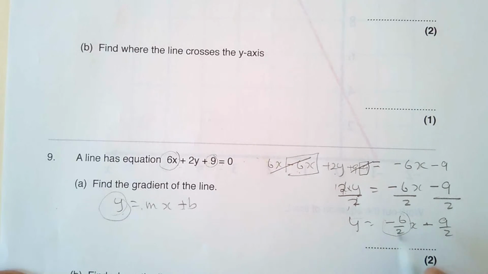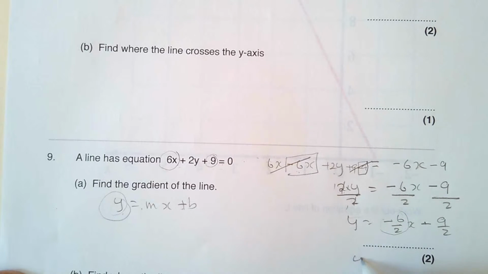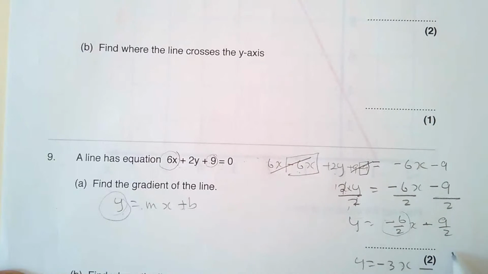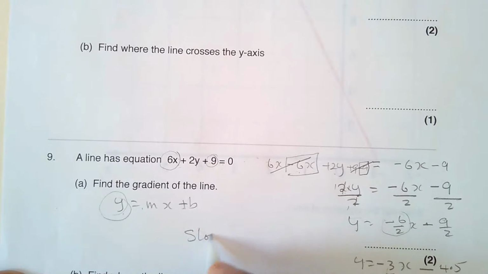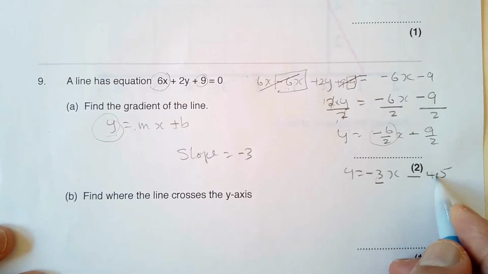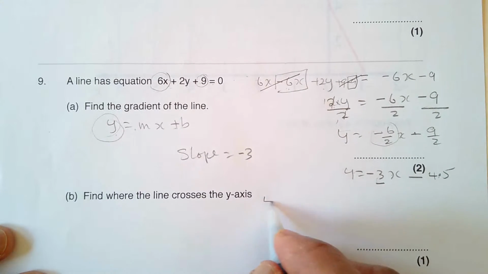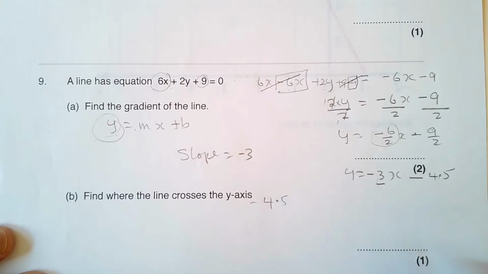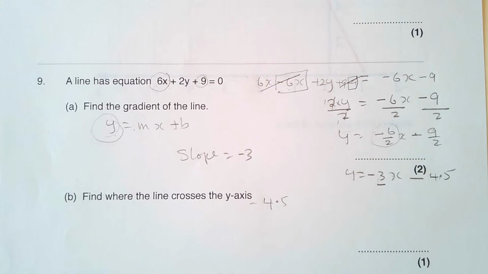This can be simplified: y is equal to negative 3x minus 4.5, since negative 9 divided by 2 is negative 4.5. So your slope is negative 3, and where it crosses the y-axis is negative 4.5. So this is a negative slope with an intercept of negative 4.5.